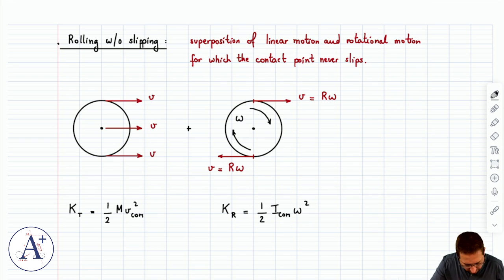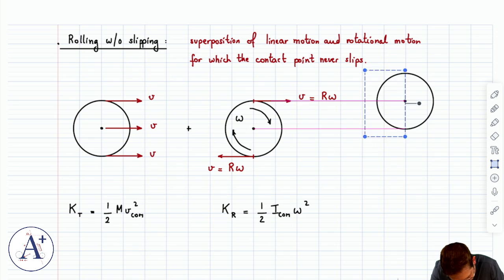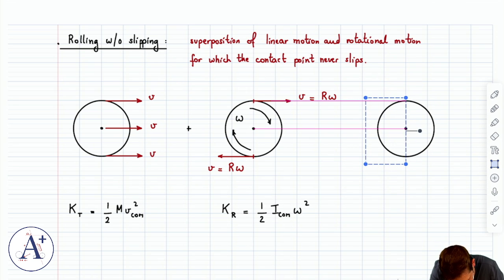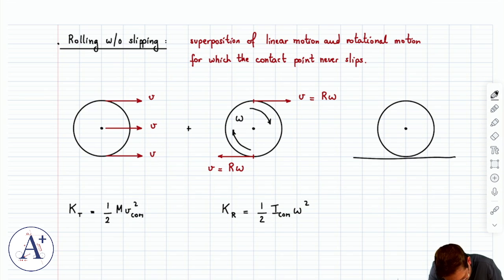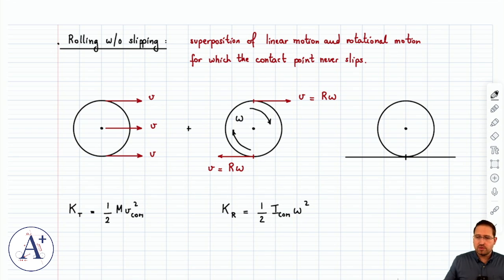Well, the bowling ball is now not just being moved left to right without rotating, or just spinning without moving. It is now rolling on the floor, which causes it to move. Then I need my contact point here to have no speed relative to the ground, because I do not allow the contact point to slip.